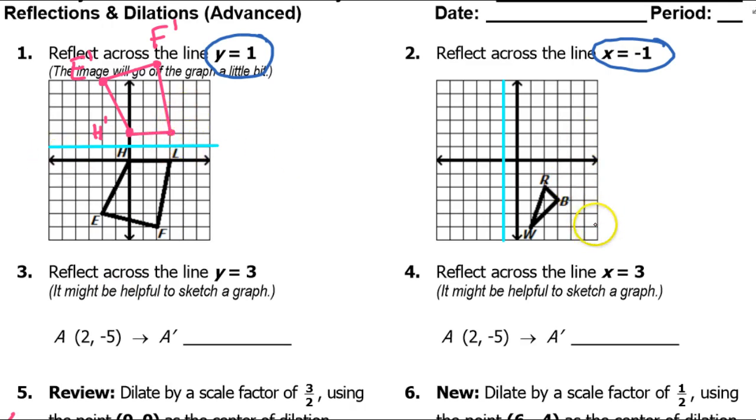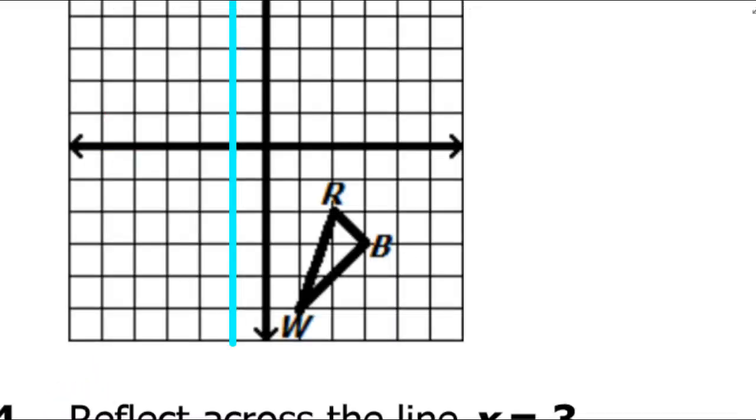So let's do the same thing with problem number 2 here. See how the point W is 2 units away from the blue line. So I need to go 2 units to the left of the blue line, and that's going to be the image. Point B, 1, 2, 3, 4 units from the blue line.